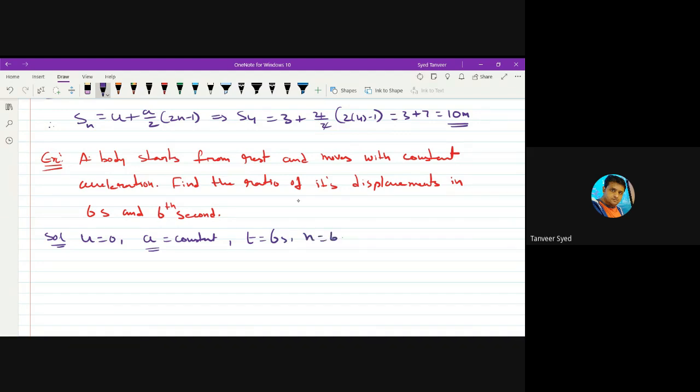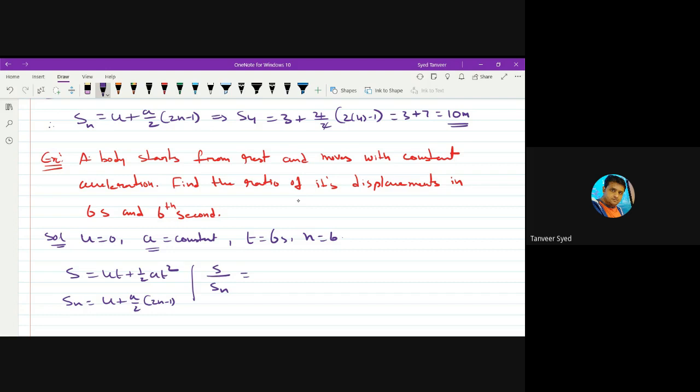Displacement in 6 seconds is s equal to ut plus half at square. And displacement in nth second is Sn equal to u plus a by 2 into 2n minus 1. We want this ratio S to Sn.